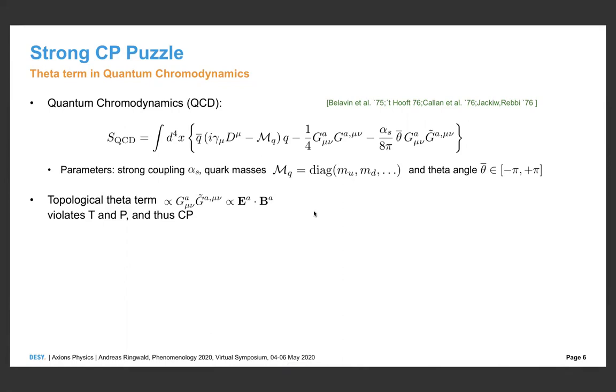If one just writes this topological charge density in terms of chromoelectric and chromomagnetic fields, one sees it's just E dot B, and then it's easily seen that E dot B violates time reversal invariance and parity, and thus CP. So this term will lead to strong CP violation in flavor diagonal interactions.